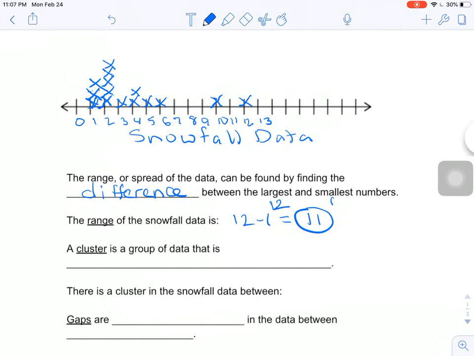data. So a line plot makes it really easy to see things called clusters. So a cluster is a group of data that is close together with no breaks.